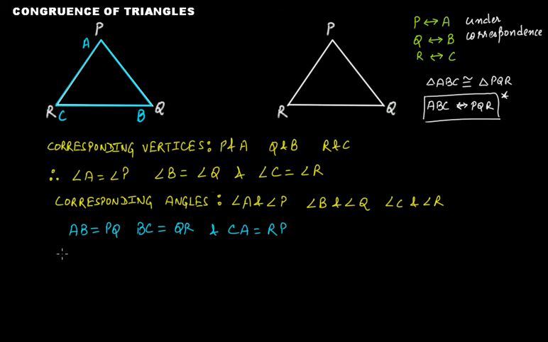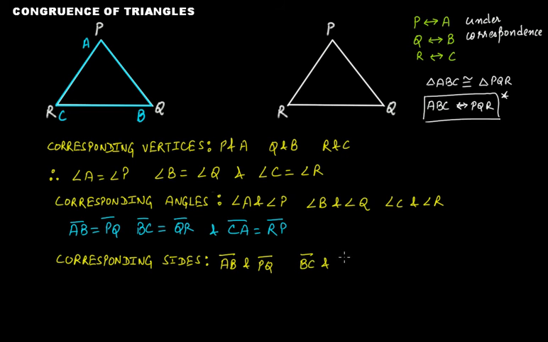So if someone asks you what are corresponding sides, then you'll say that the corresponding sides are side AB and side PQ, side BC and side QR, side CA and side RP.